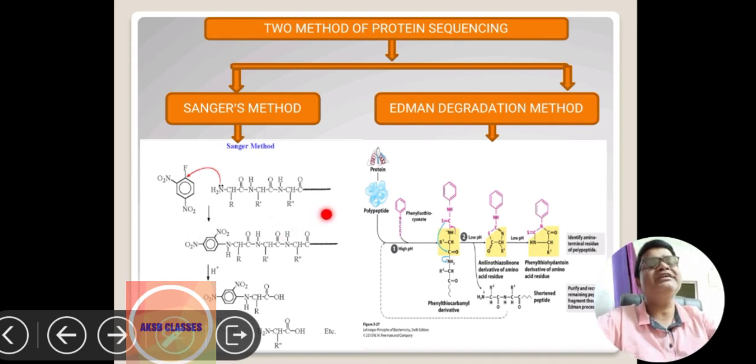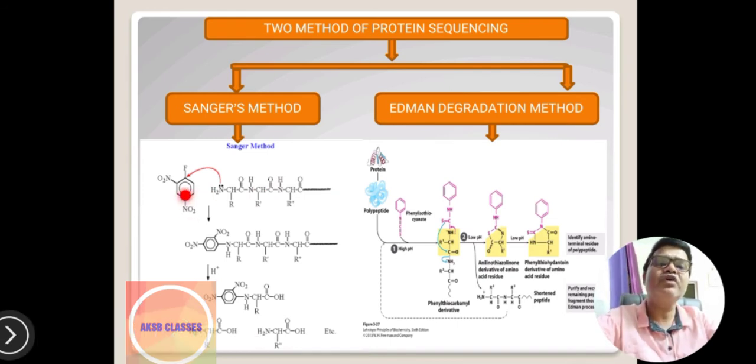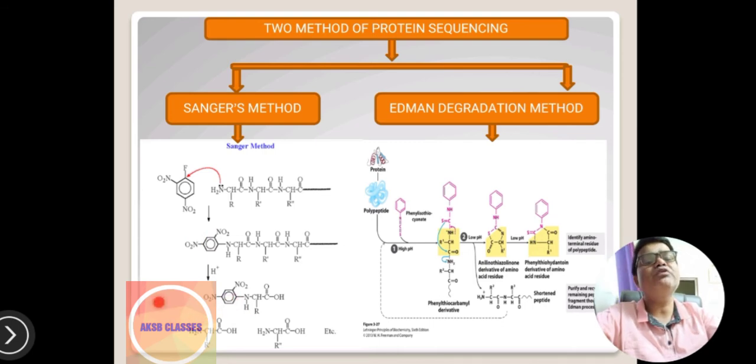There are two ends in the polypeptide chain of any protein. One is the amino terminal end and one is the carboxy terminal end. This reagent, FDNB, also known as Sanger's reagent, will react toward the amino terminal end, and one by one it is going to separate the amino acid along with that FDNB, and that cycle will proceed.